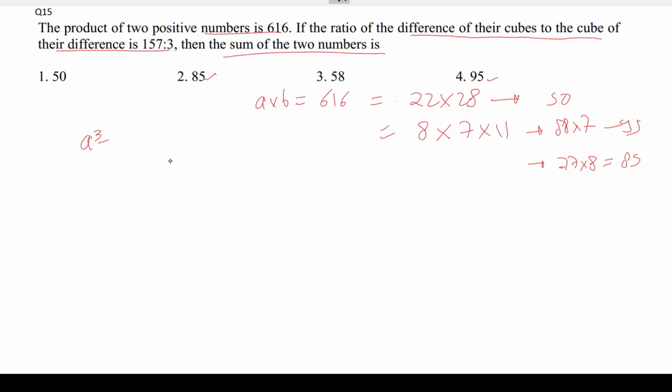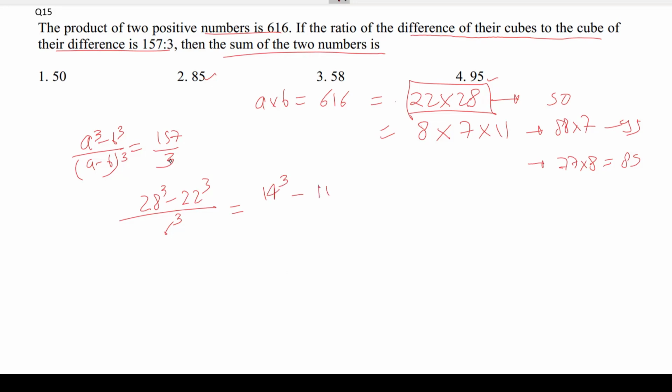So it will be a cube minus b cube upon a minus b whole cube, 157 upon 3. So let's first check from this option. 28 cube minus 22 cube upon 6 cube. That will cancel out 2 cube, 11 cube upon 3 cube.